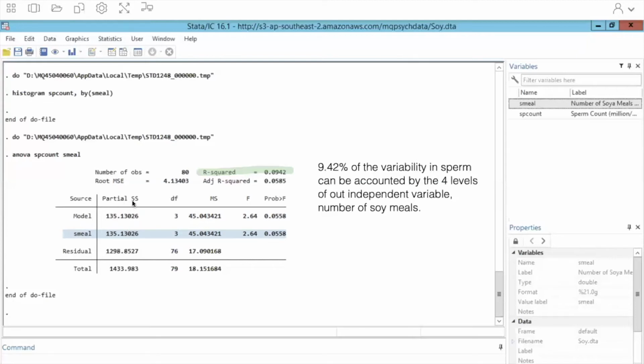So SS stands for sum of squares. The next column is degrees of freedom. DF stands for degrees of freedom. And finally, MS stands for mean square.